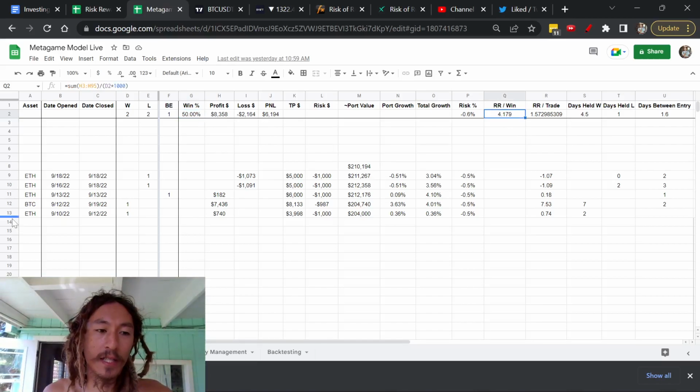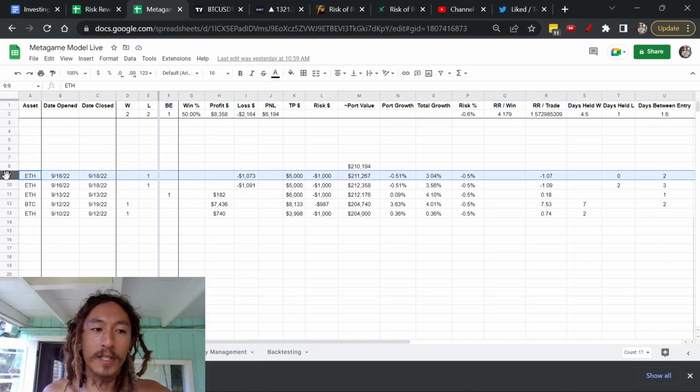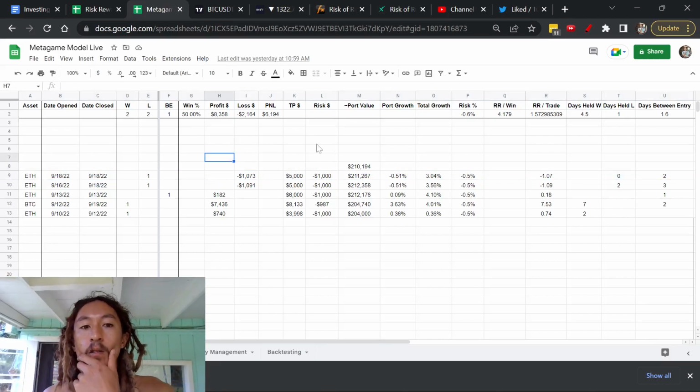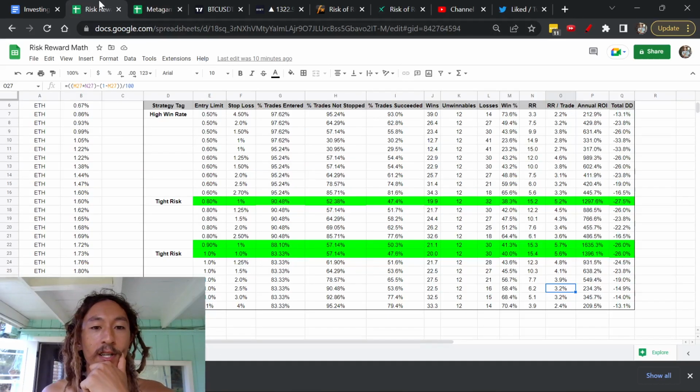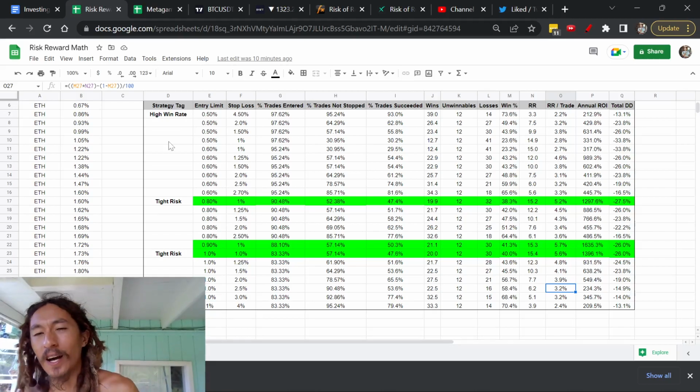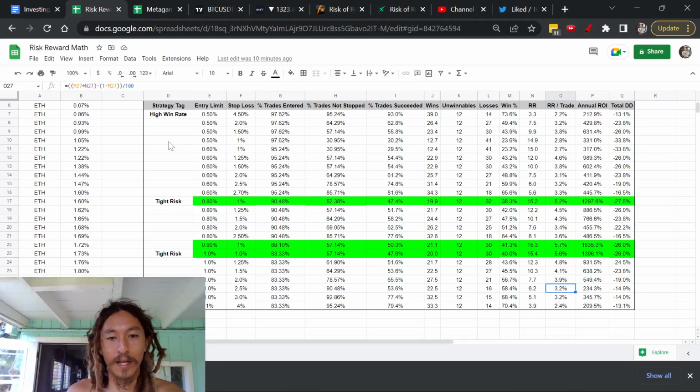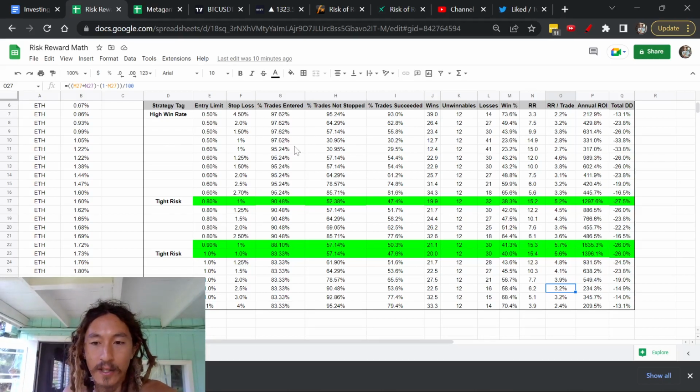If I had held ETH to target, it would have been an 8 or 10-to-1 risk reward average for the first week. And if I had used the correct parameters, this ETH trade would probably have been a break even, not a loss. So I actually do believe these numbers are somewhat accurate, based on the backtesting and math, and not just that it's super biased, but seeing it play out live, and my account growing is quite nice too.